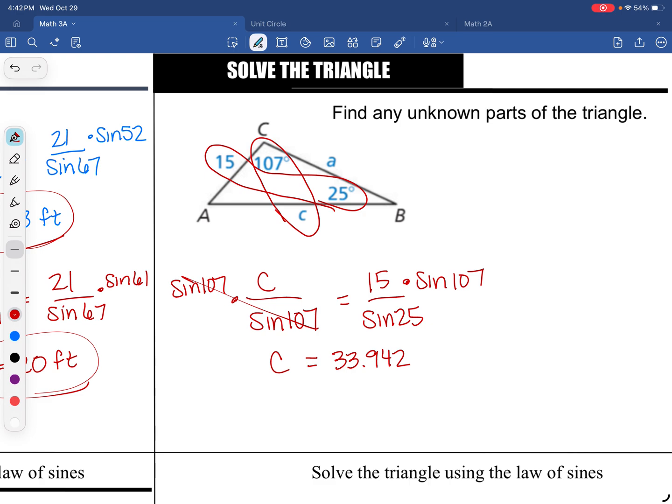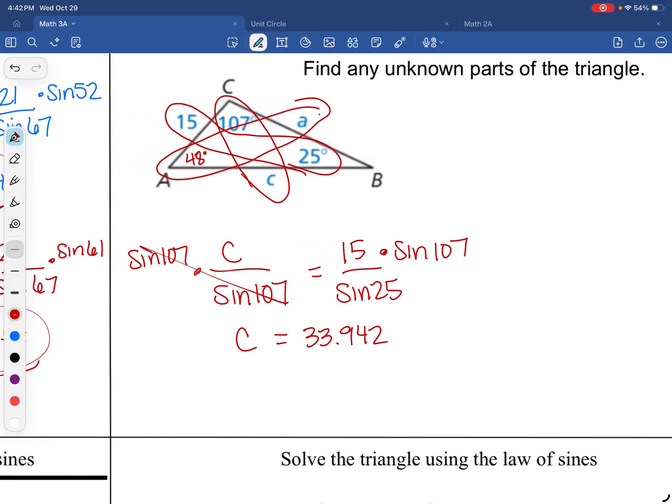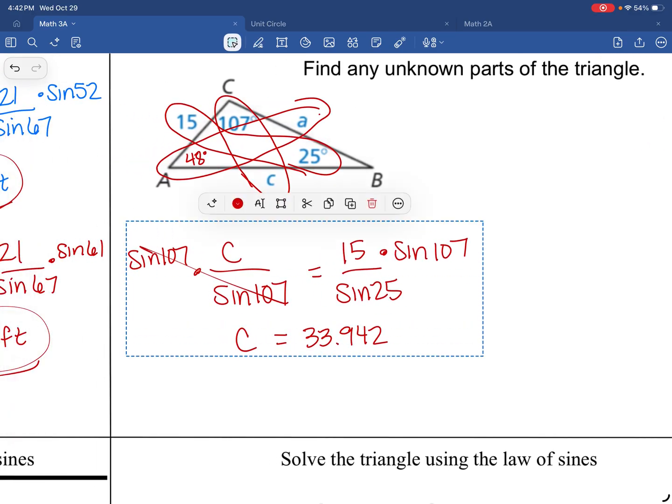Now we need to figure out A, but what is the angle that goes with A? So if we start with 180, subtract 107, subtract 25, that means that this missing angle is 48. So let's use, gosh, I wrote that one maybe a little big. Let's shrink that down a little.